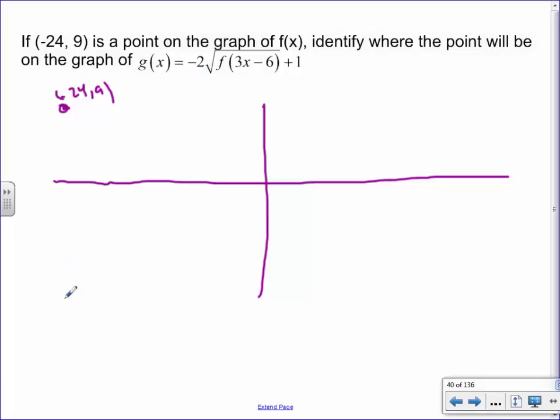So the negative 2 would take the point and put it way down here. It's still going to be at negative 24, but what's its y-coordinate now? 18. Nice, negative 18. Good. Okay, now I've got to approach BEDMAS in the right order here. I also need to square root that value and add 1.